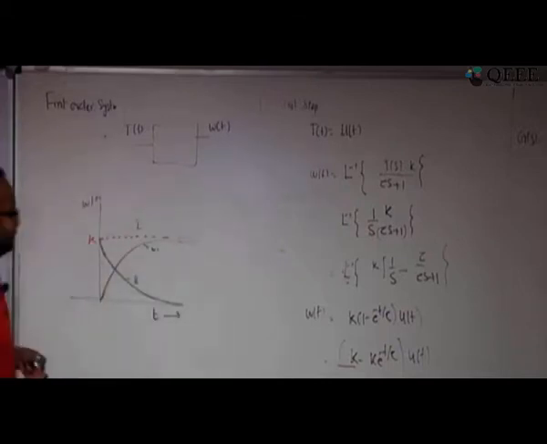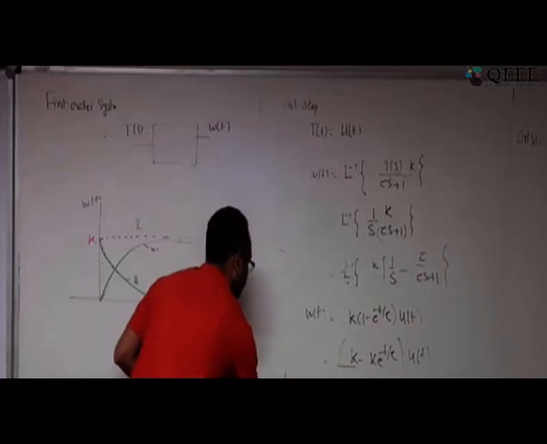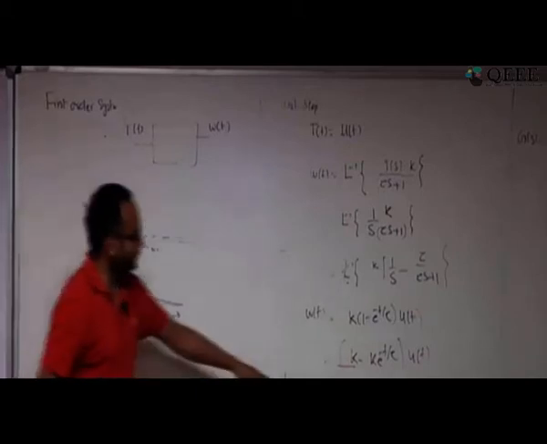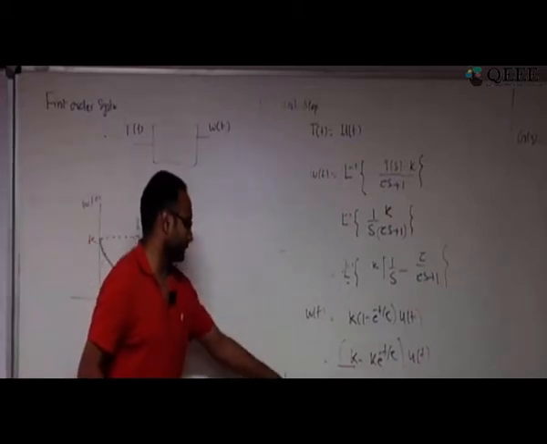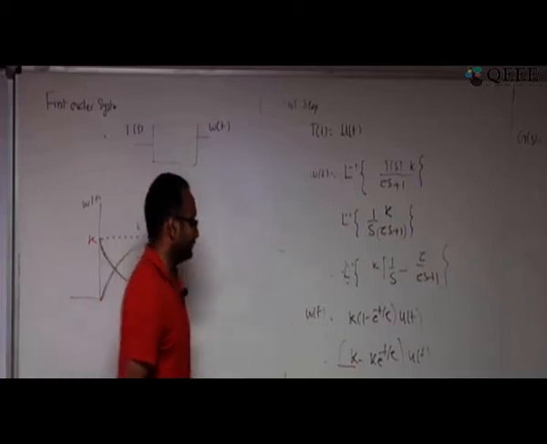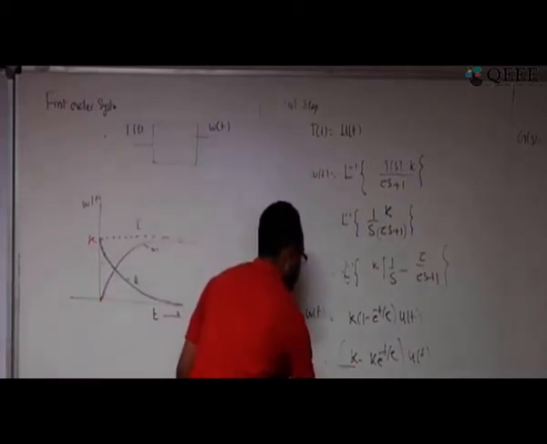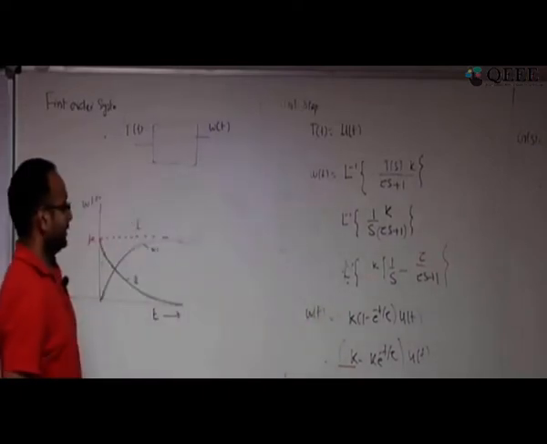Yesterday, if you remember, I talked about the steady state value. What is the value of this output, in this case the angular velocity, when t tends to infinity? If you solve it, it comes out as k.